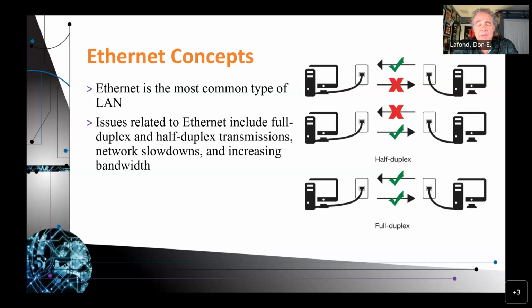If that happens, then you have poor or degraded or no communication. So in Cisco networking, they actually recommend configuring your ports as either full or half duplex and disabling the auto negotiation so that that problem doesn't happen.